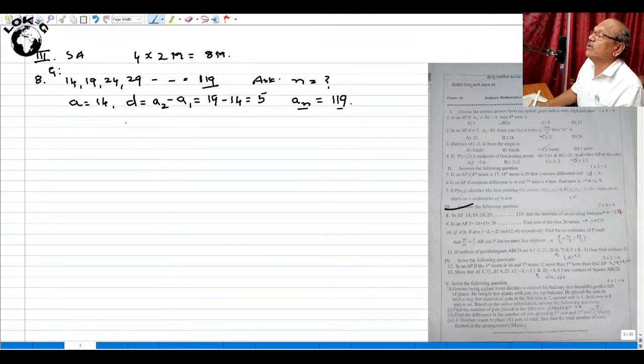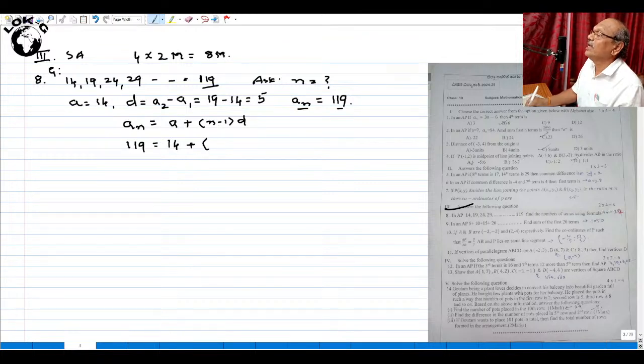You can use a very simple formula, the nth term of an AP: An is equal to a plus n minus 1 into d. So you have to substitute the values. What is An here? An is 119, is equal to, what is a here? a is 14. Many students say in the place of n, 119.